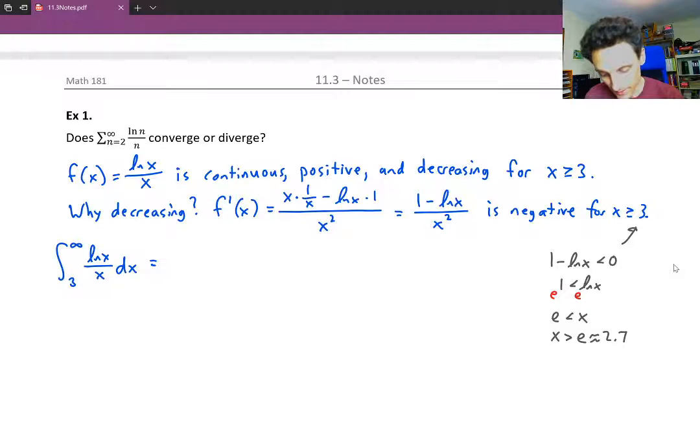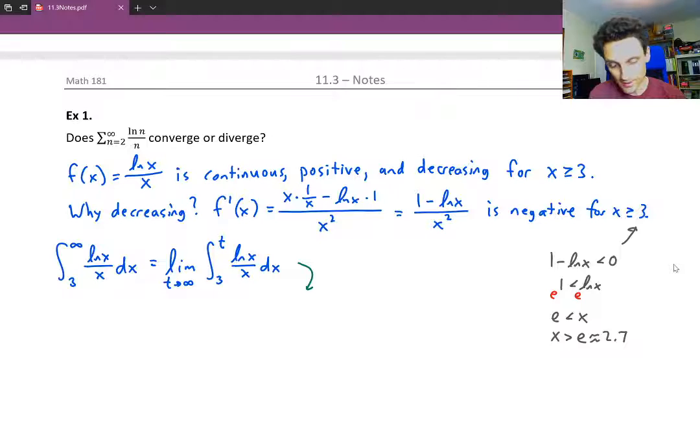Let's evaluate this improper integral. The first step is to replace the infinity with a t and let t approach infinity. Next, we're going to find an antiderivative of ln x over x, and here you can see that a substitution will work because we've got the ln x function whose derivative appears next to the dx.